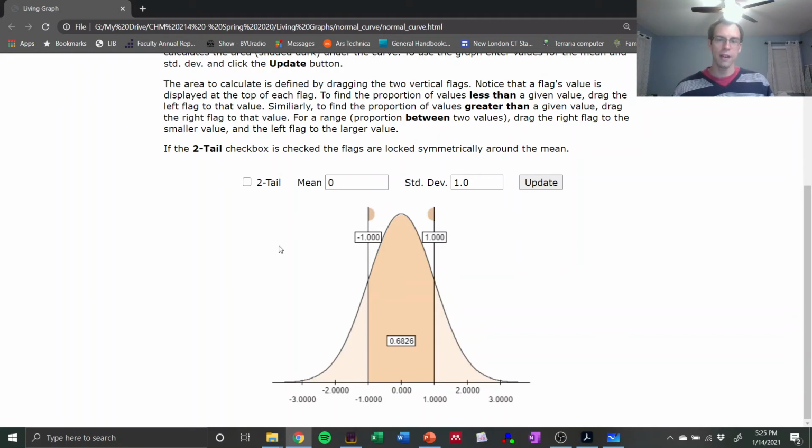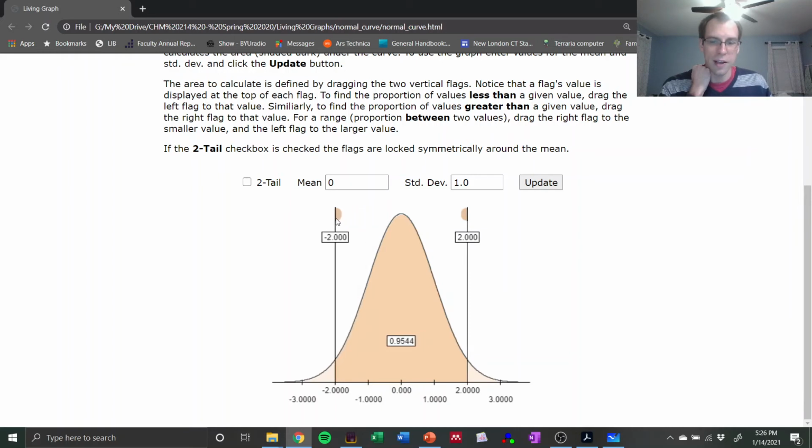Okay, so if we're considering all the values that are within 1 standard deviation, that represents about 68% of the possible values we can have. So about 68% of our measurements will lie within 1 standard deviation of the mean if we have actual random Gaussian data. As we increase this, we'll cover a larger percentage of the data.